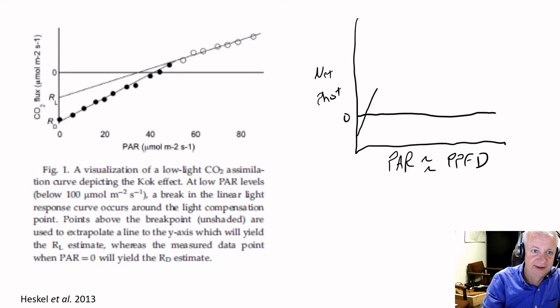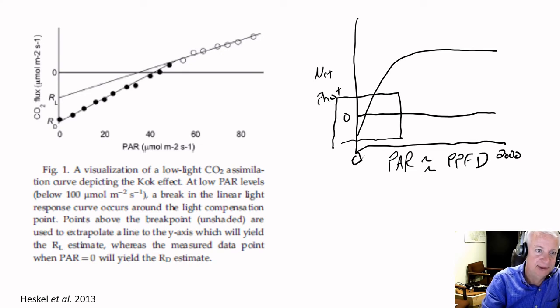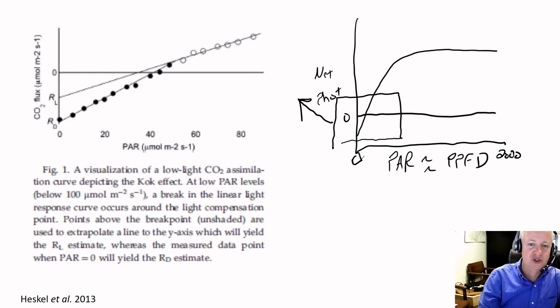So again, that curve looks like this. This is 0, this is 2000. So this figure on the left is just an extraction of a part of this light response curve. Okay, so I just want to be clear where that's coming from. So they're zooming in on this really low light portion of the curve.